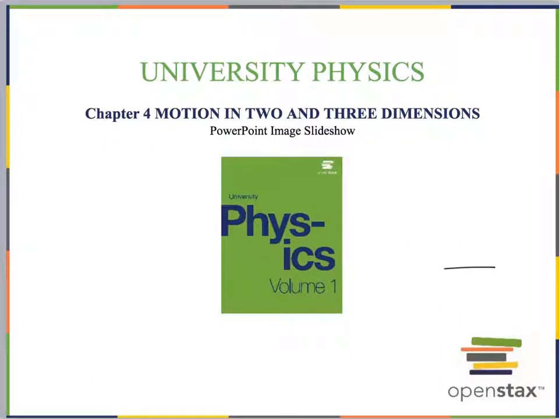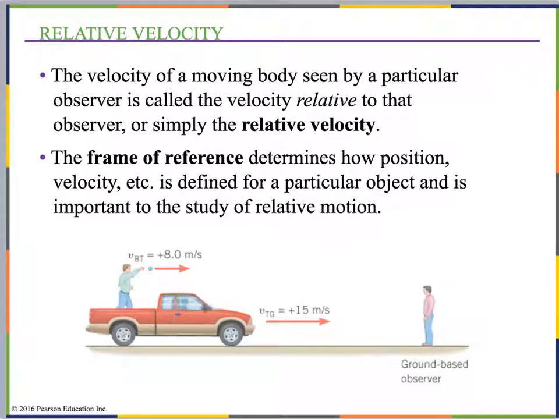All right, what we're going to be doing is looking at the idea of relative motion. So we're going to start off with a really simple example of relative velocity. We have a person standing on the ground, just standing there, still.